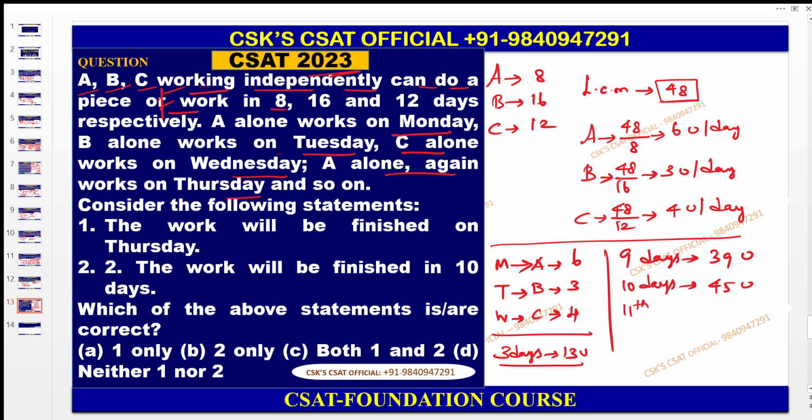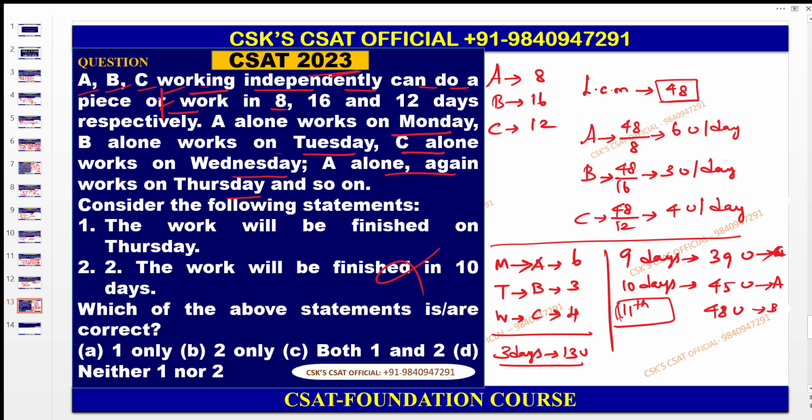Now listen very carefully: on the 9th day, who is going to work? A works, then B works on the 10th, then C works on the 11th. So 48 units are completed on the 11th day, not the 10th day. You can eliminate that one.